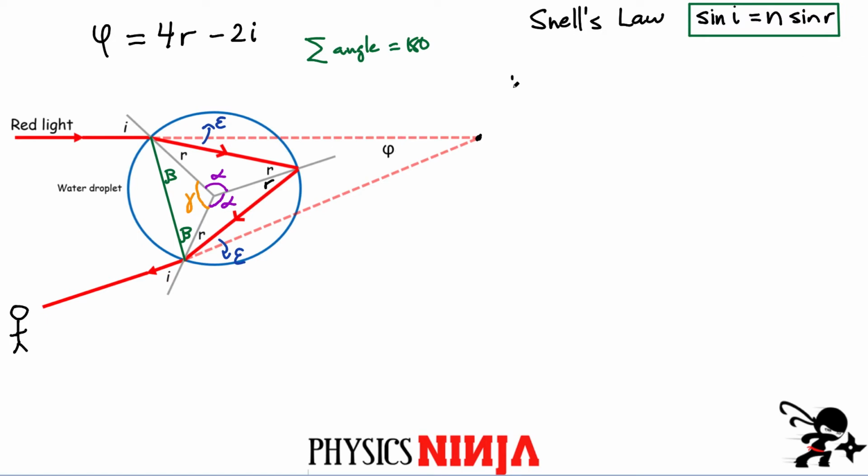All right, so we have to write down some relationships here. The first thing I'm going to consider is this triangle right here. If I add up all those angles, alpha plus 2 times the angle r, that is one triangle, should be equal to 180 degrees.